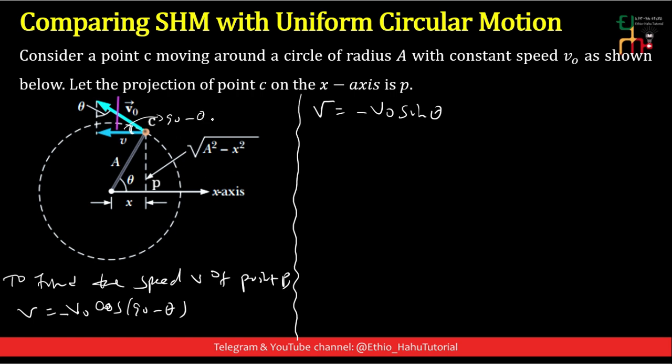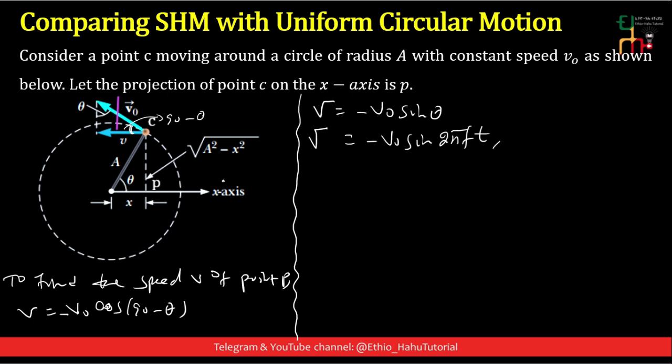Therefore, v is equal to minus v naught sine of theta, where theta is 2 pi f times t, that we have already found. But what is v naught?